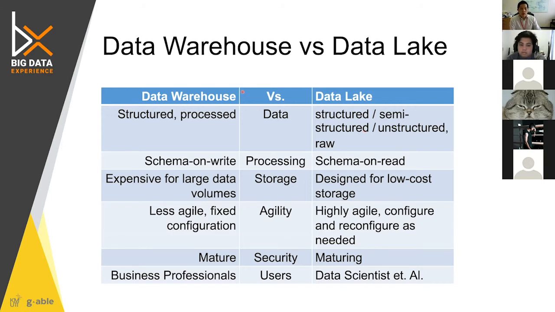Simply speaking, you need to store tables here, structured. For data lake, you can store image, you can store video, you can store whatever file you can store in the computer. All right. And the way that you process the data for data warehouse is called schema on write, while for data lake it is called schema on read.